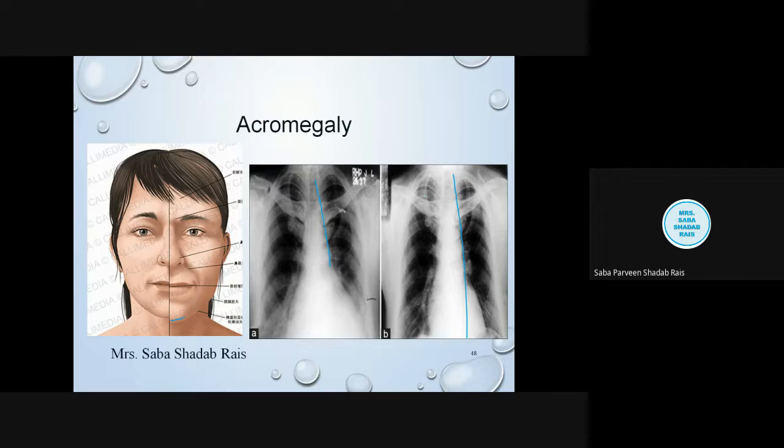Subcutaneous tissue of the hands, feet, scalp, lips, nose, skin and tongue is going to increase, and it is going to cause thickness of that particular area's tissue. Hyperglycemia will happen. Also glycosuria will develop. Basal metabolic rate is going to increase. So automatically the thyroid and adrenal cortex become hyperactive.